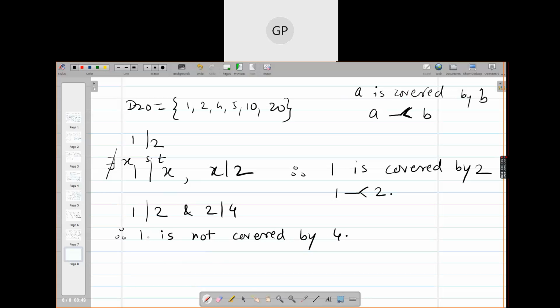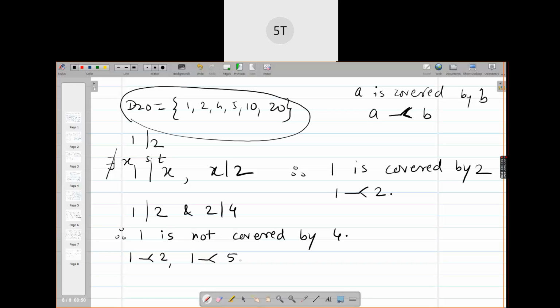So tell me the covered elements like this. 1 is covered by which elements? 1 is covered by 2. I am talking about D20 only, so 5 is there. 1 is covered by 5, right? So 1 is covered by only 2 elements, 2 and 5, correct? 2 is covered by what? 4.